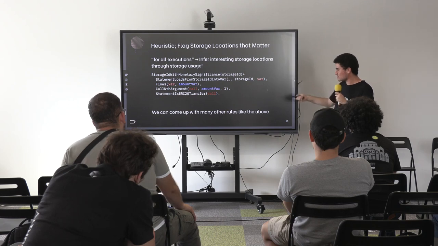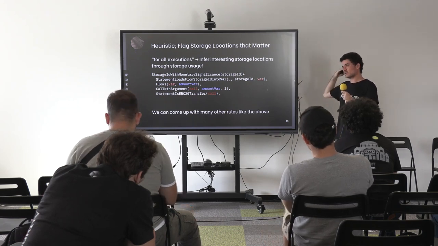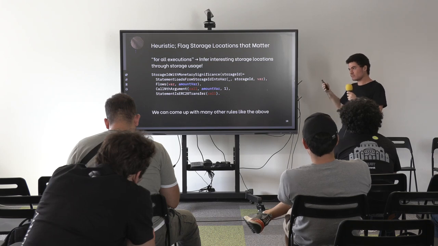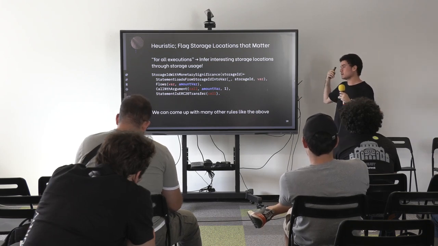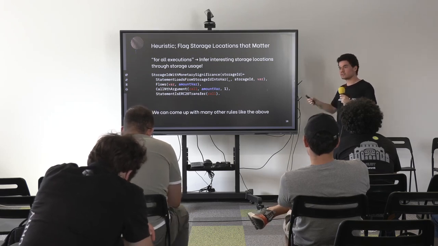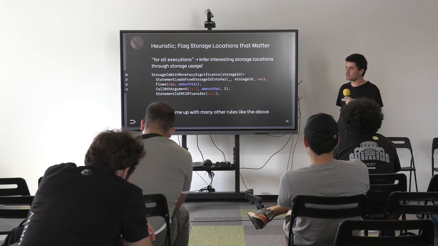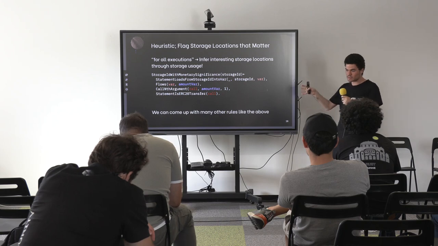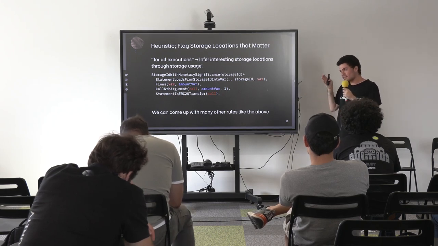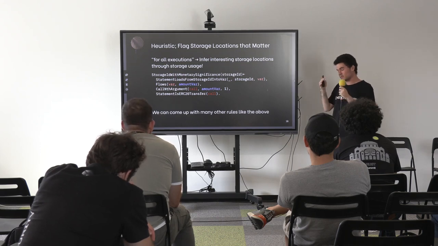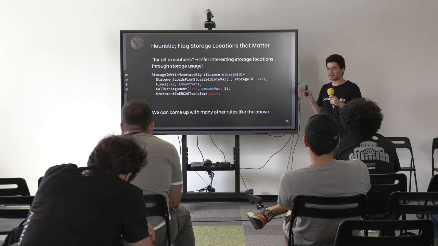But in this case, we can use the inferred storage usages in the contract to see, for example, that a storage location is being loaded and that location then flows into a transfer. So this tells us that the storage location we just read from is a slot with monetary significance.